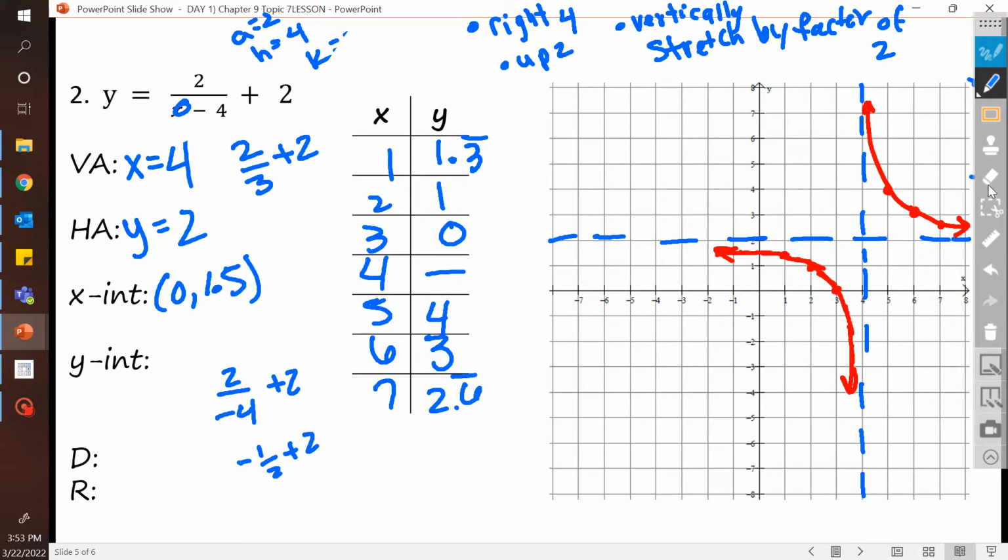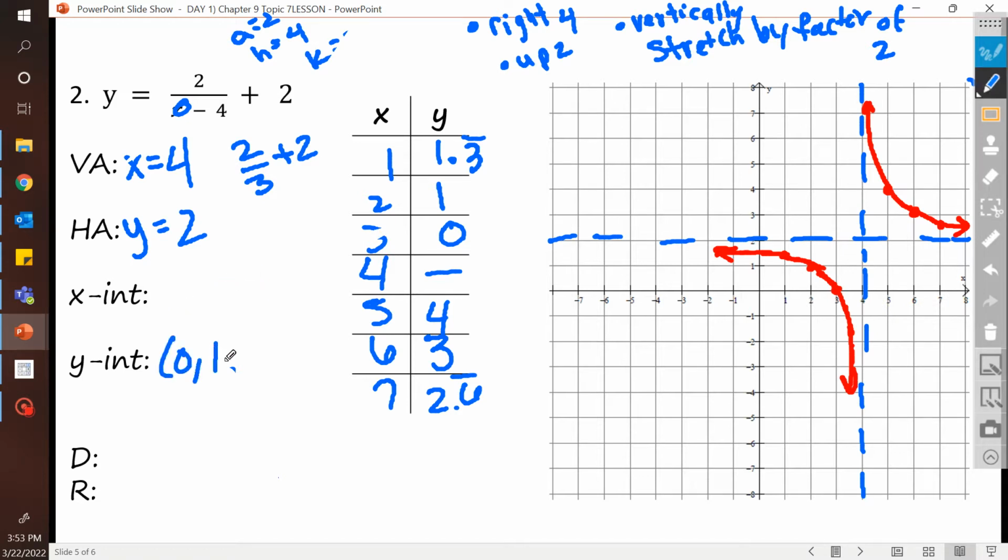Oh, whoops, that's the y-intercept. Plugging in 0 for x gives us the y-intercept. So we should see a y-intercept at 0, 1.5, and we do see that right here.